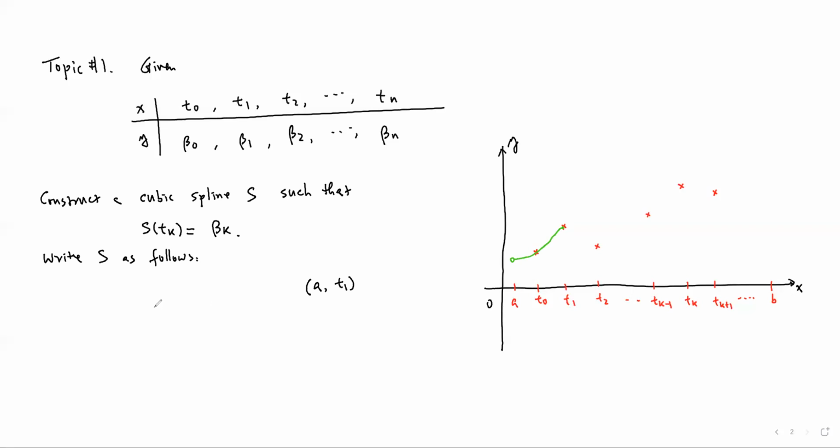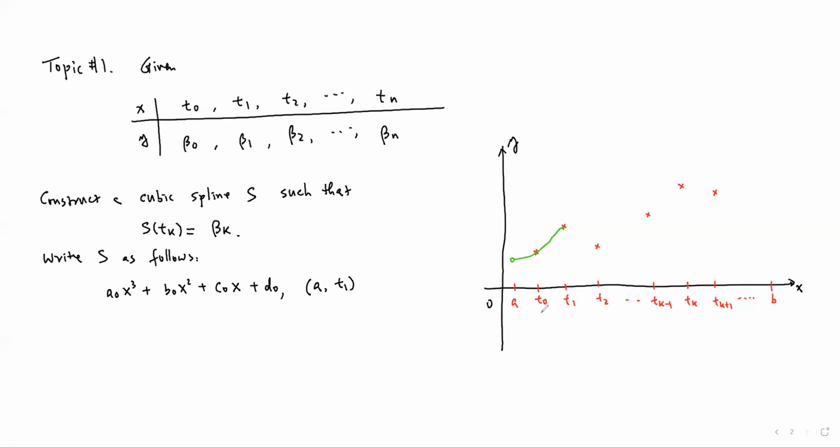Over this interval, let the cubic polynomial be A0 x cubed plus B0 x squared plus C0 x plus D0. What are A0, B0, C0, D0? I will determine them so that this polynomial passes this point and also this point.